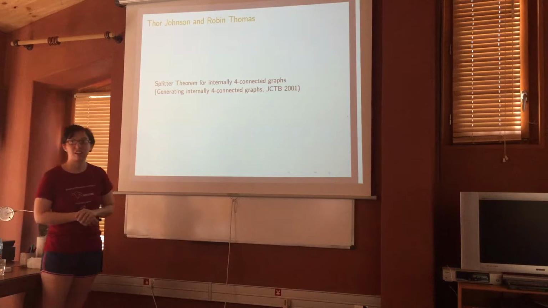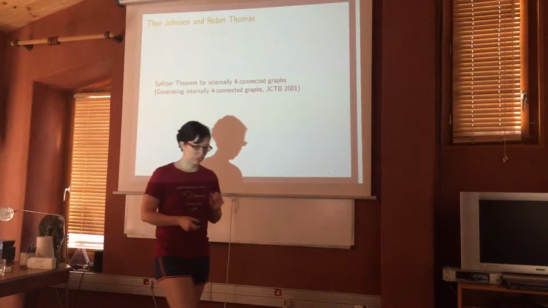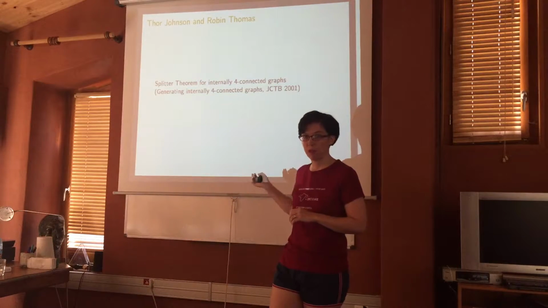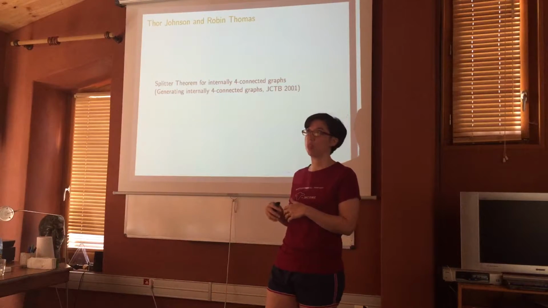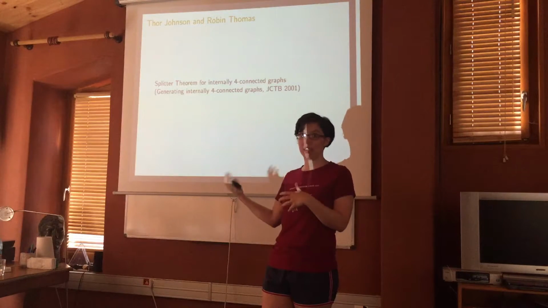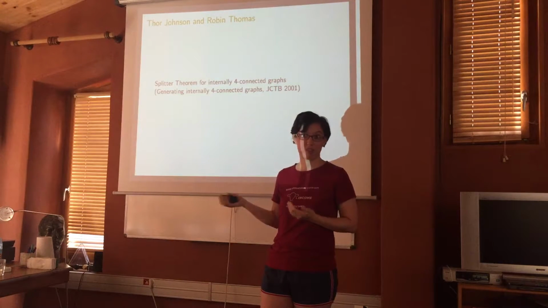Sorry, Carol, what was the weaker form of connectivity? So in internal 4 connectivity, you don't have any of those 4 fans, but there's worse violators of internal 4 connectivity than 4 fans. You could imagine a triad that needs 2 triangles, so it would look like a 5 fan.